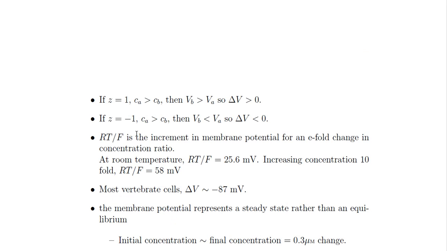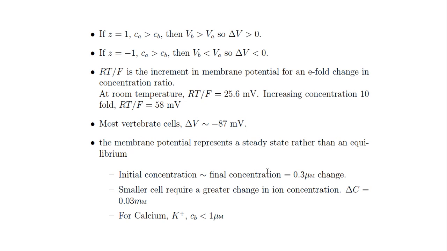The increment in the membrane potential: RT over F at room temperature is 25.6 millivolts. Increasing the concentration tenfold, RT over F gives about 58 millivolts. So there will be a high voltage difference between these two compartments.